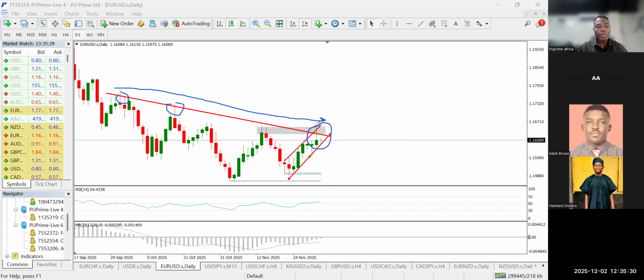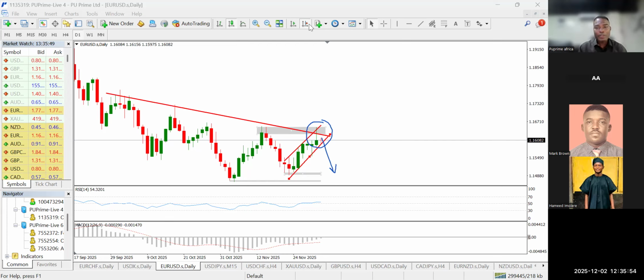And this third one is actually the point of confluence where we have a rejection candle, price hitting the trend line, and also a resistance zone on that point. So we have the trend line, the resistance, and the rejection candle all meeting at this point. So technically, we're going to be expecting a bearish movement on the Euro USD.